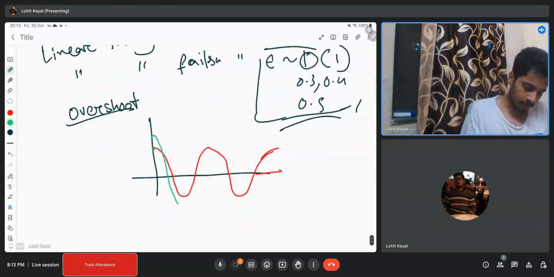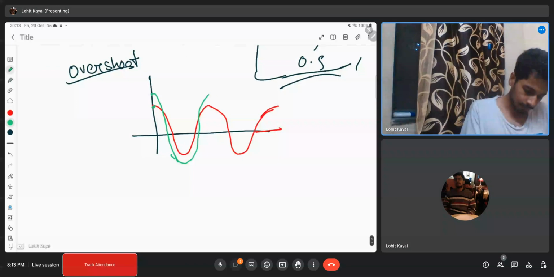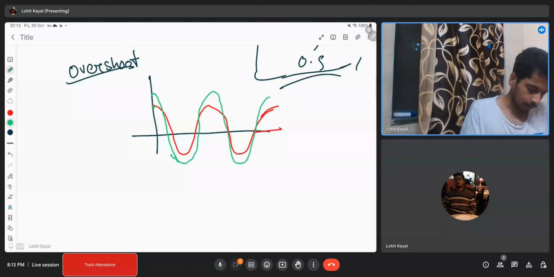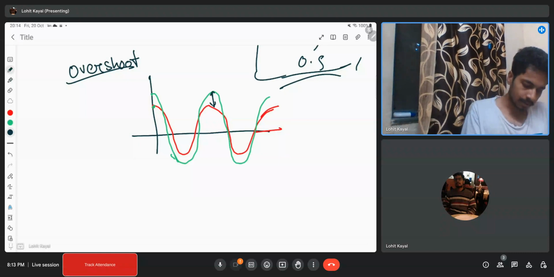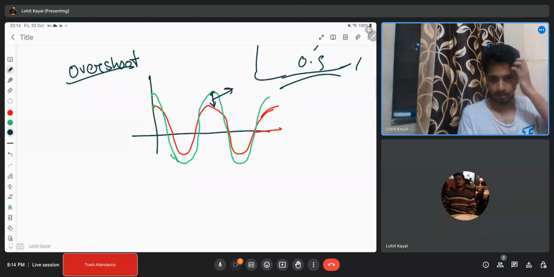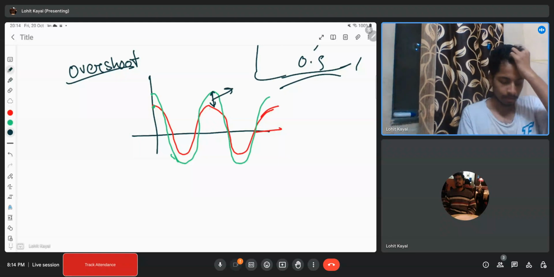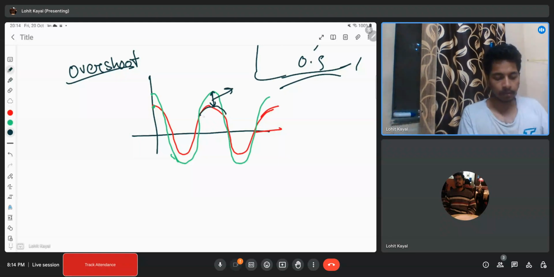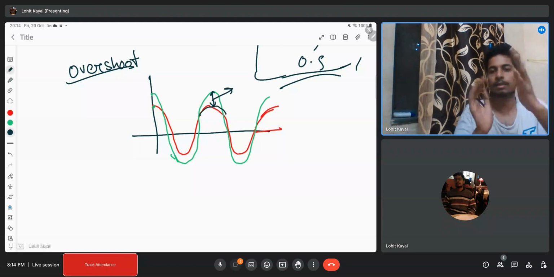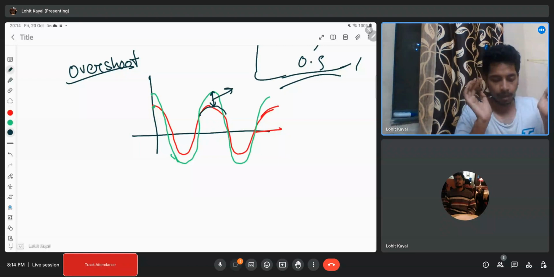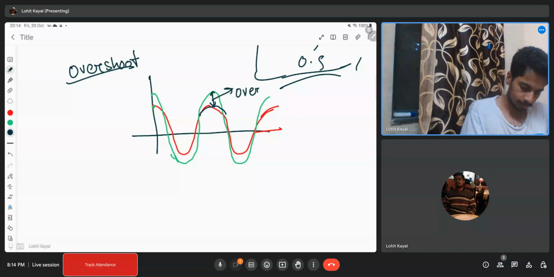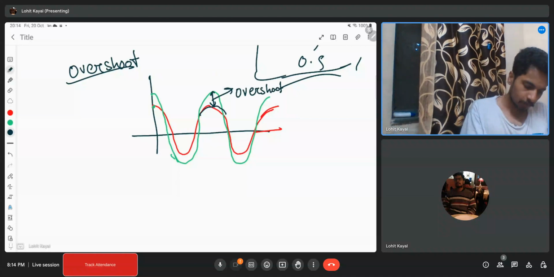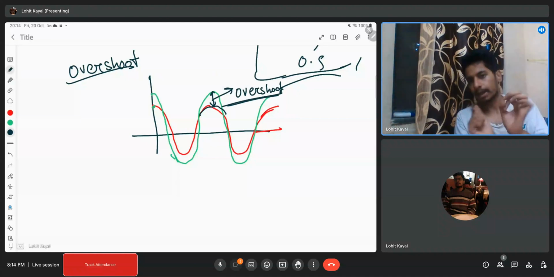If the green one is something like this, you can see that this height is large, so there is an excess height. The interface moves beyond its initial perturbation after one time period, so it indicates an overshoot, the excess height.